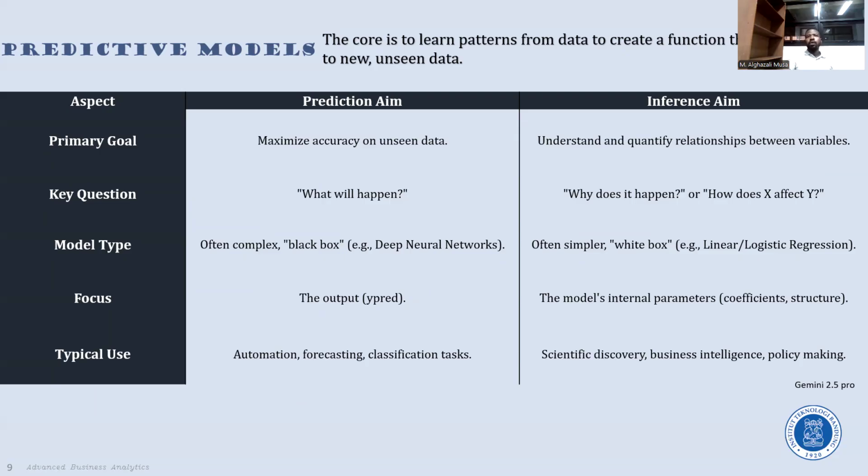Those algorithms' primary goal is to maximize accuracy on unseen data. As now we know the labels and the targets, I have around nine independent variables, and I have just the energy yield as the dependent variable.